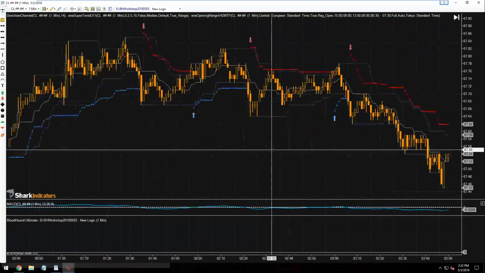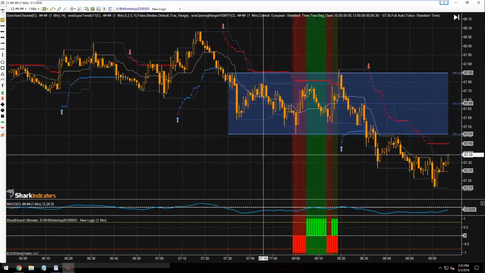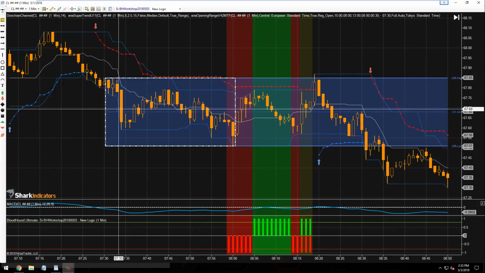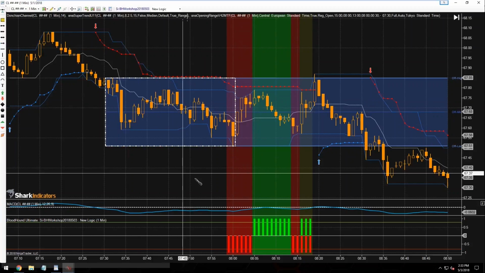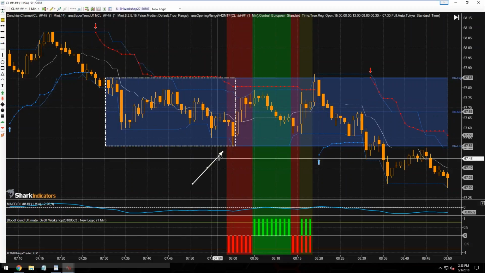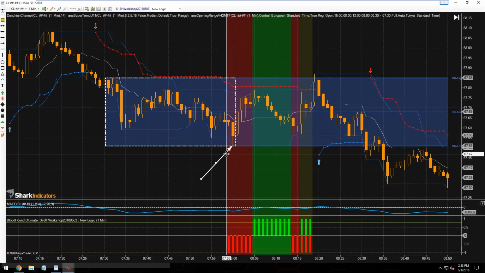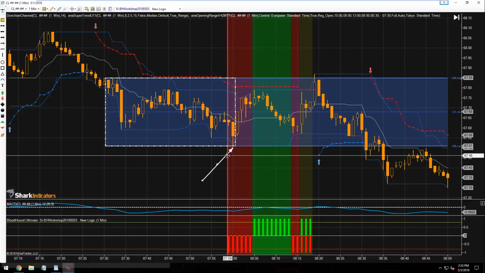All right, let's take a look at the next day and see what happened. There is our opening range time period. And look at that, price came down and generated the lower range.